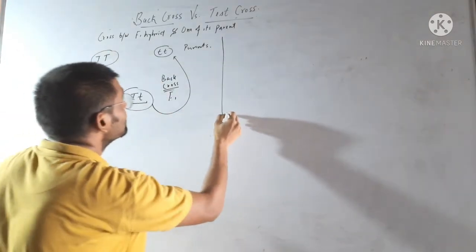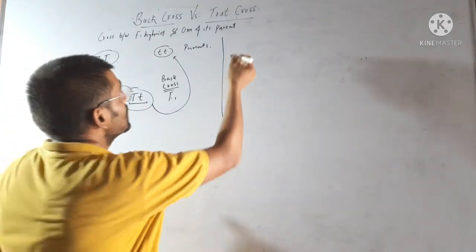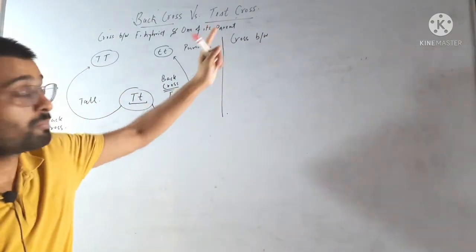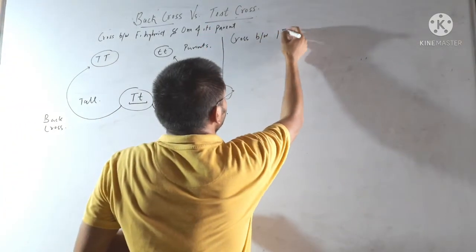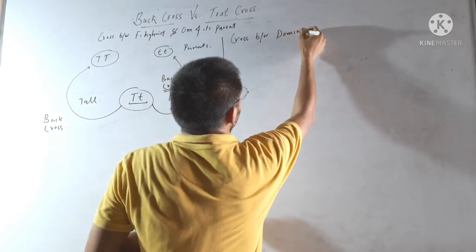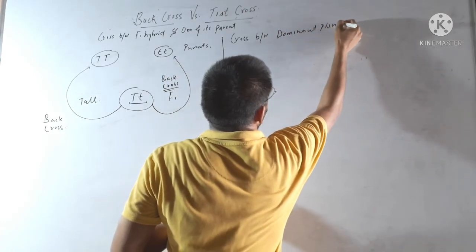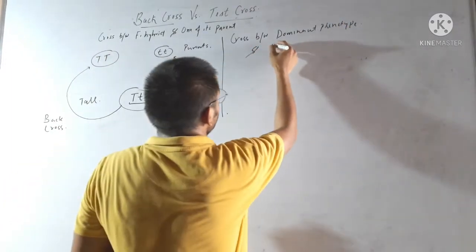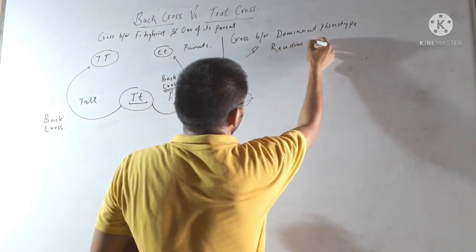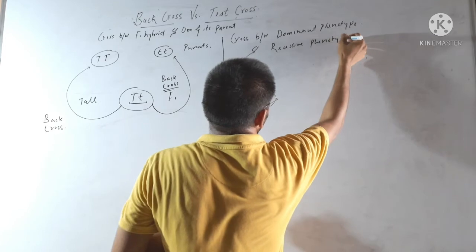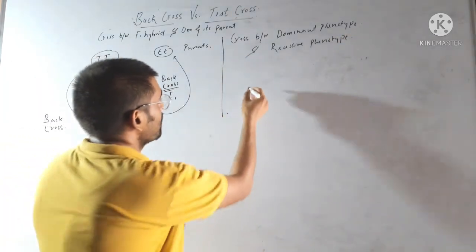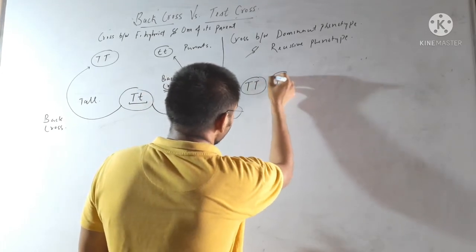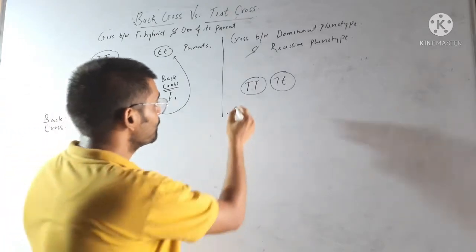On the other hand, test cross is a cross between a dominant phenotype and a recessive phenotype. For example, both of these are dominant phenotypes.